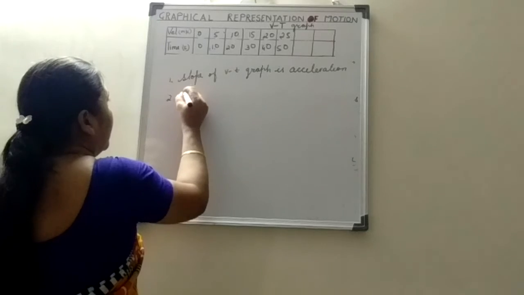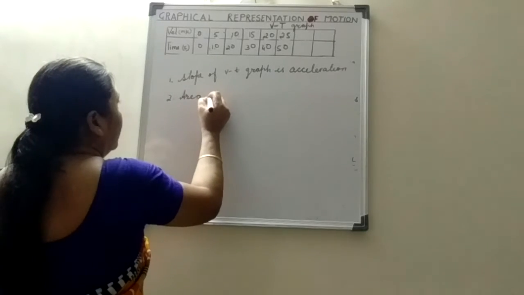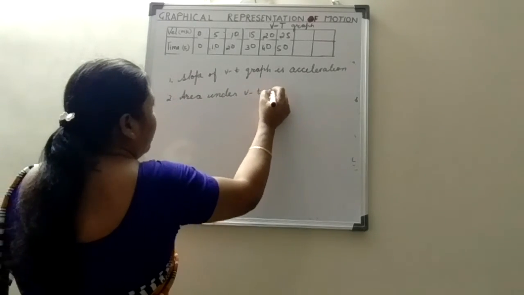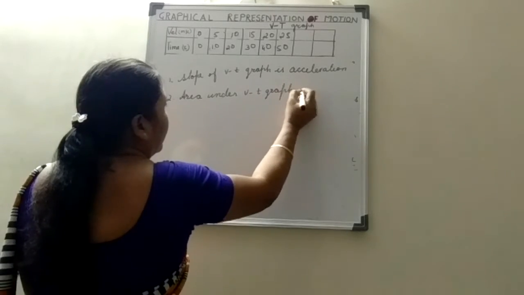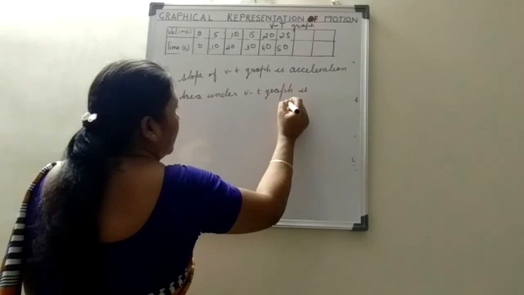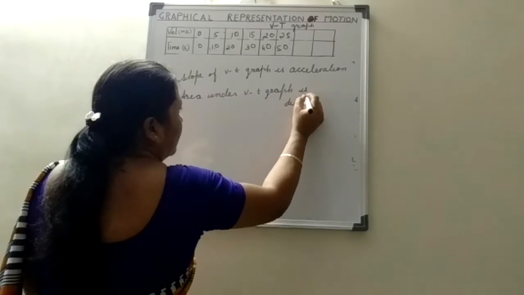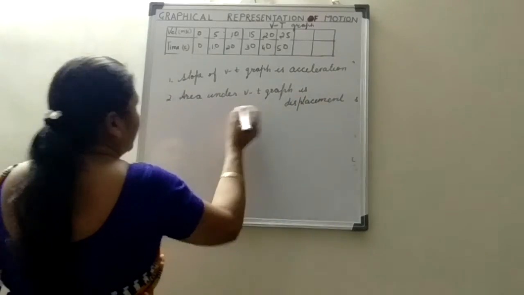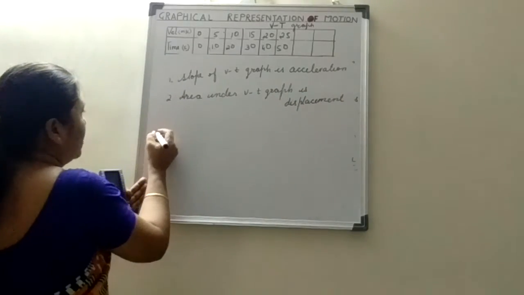Second thing, the area under the velocity time graph is displacement.